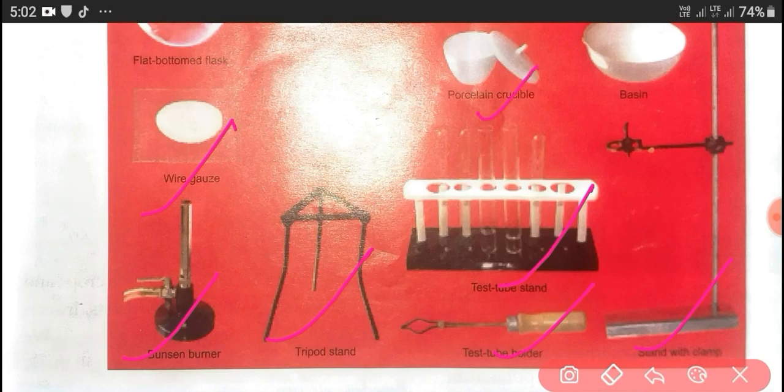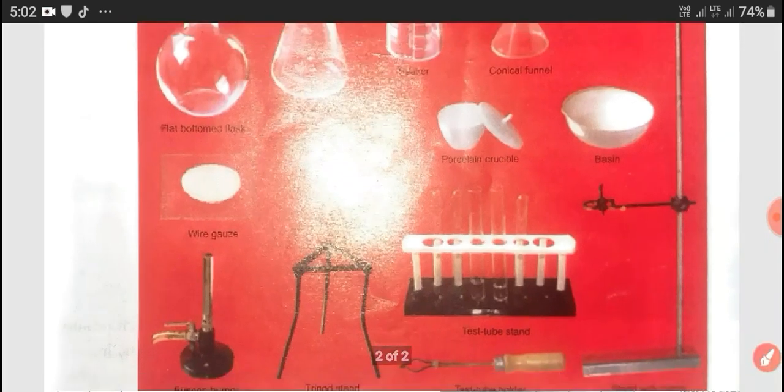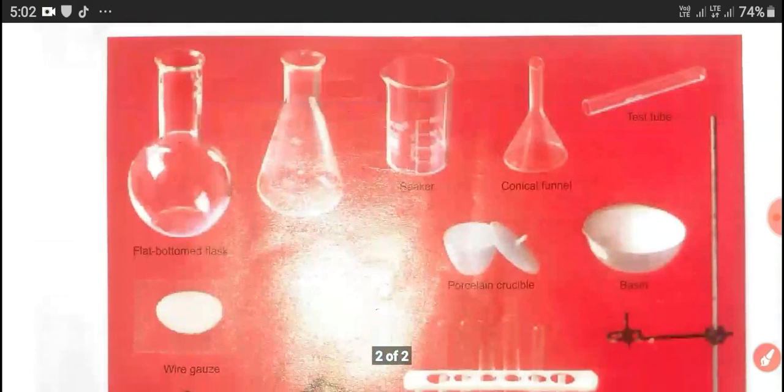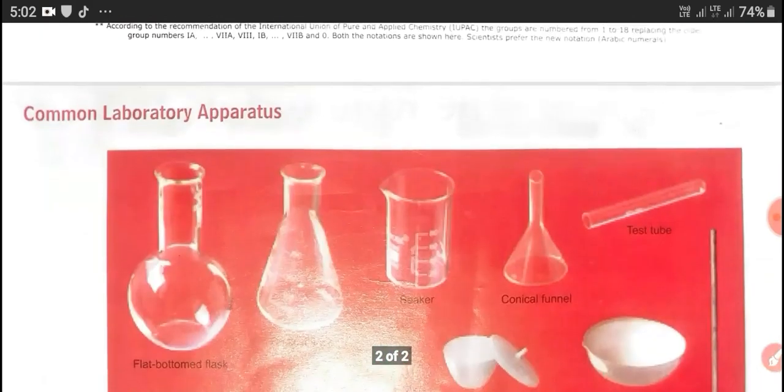There are many. So these diagrams, you don't draw like this together. It is given here together.